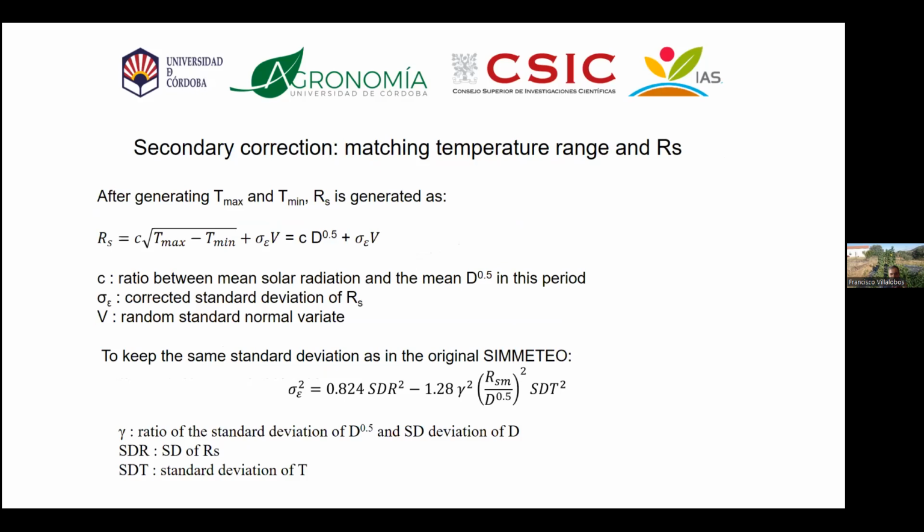Although we had a secondary correction as compared to SIMMETEO, which is trying to match the temperature range and RS.